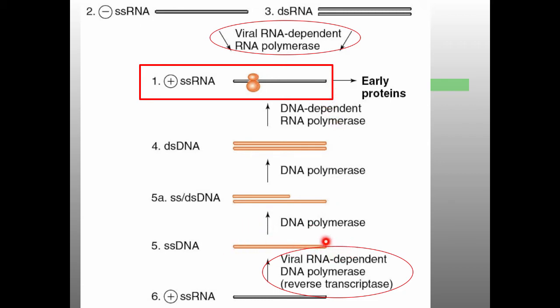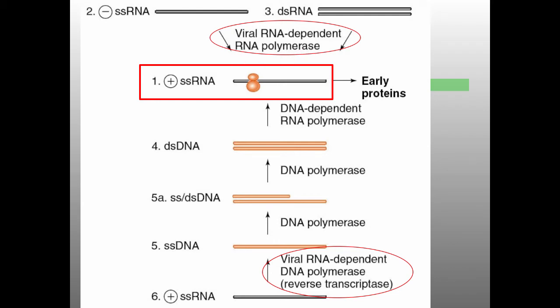What example did we talk about here so far? Thank you. ΦX174. Then we also talked about one of these kinds of viruses.